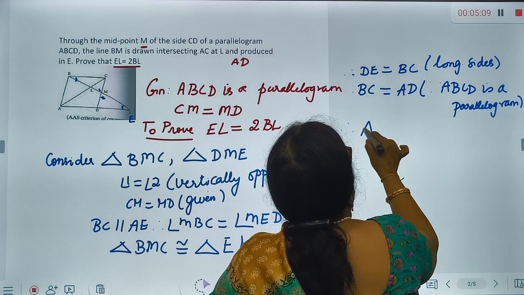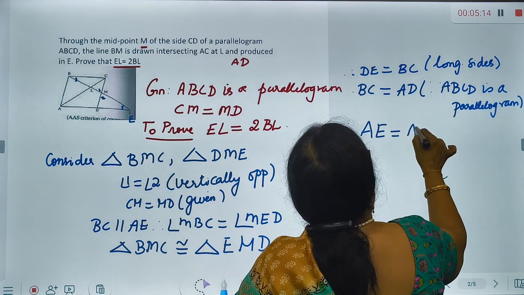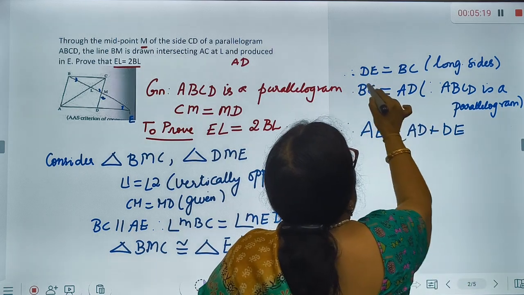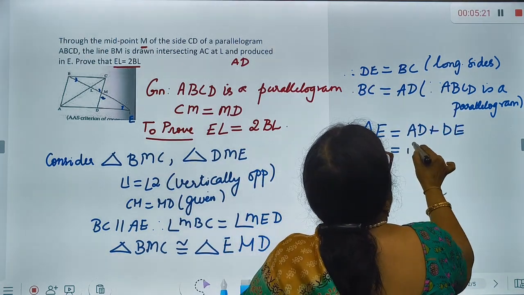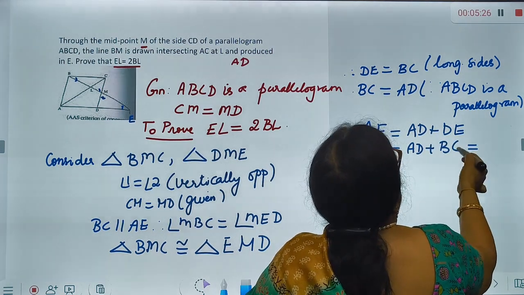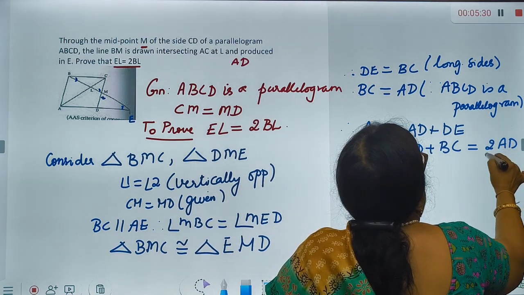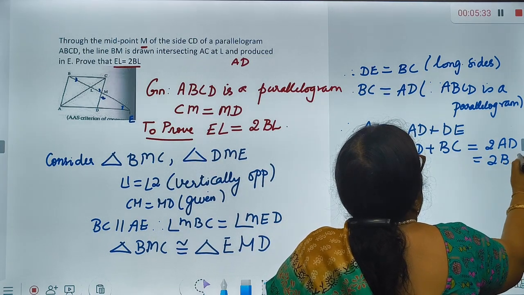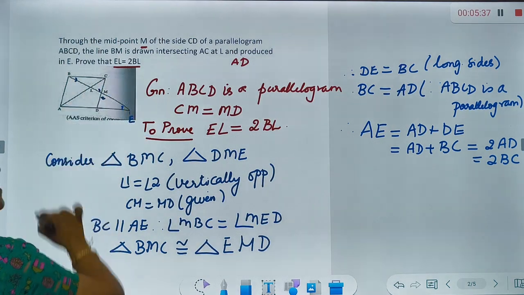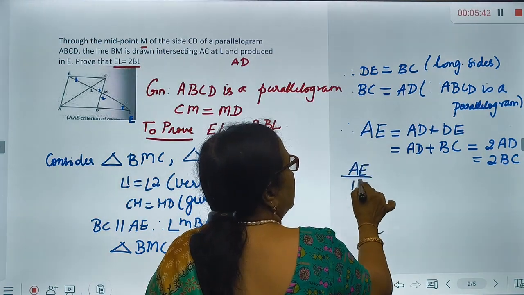So AE is what? Now AE is AD plus DE. DE is BC. AD itself is BC. So it is twice AD or twice BC. So AE is twice BC. So AE by BC is 2.